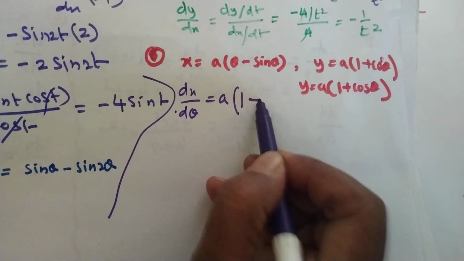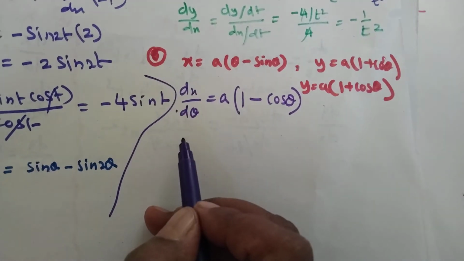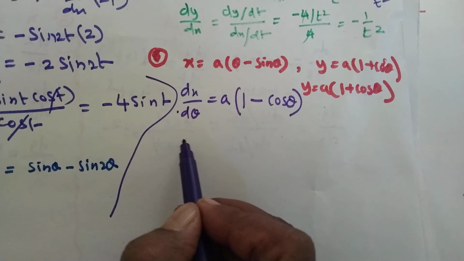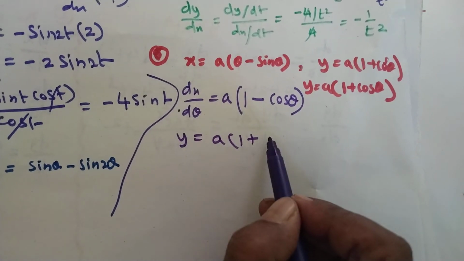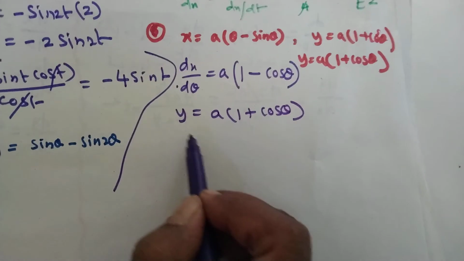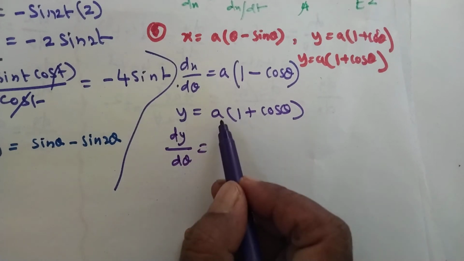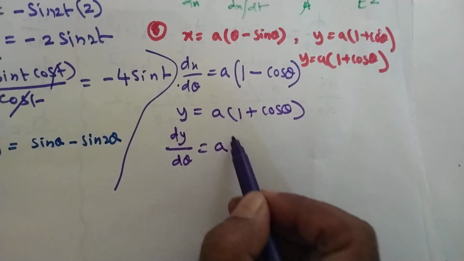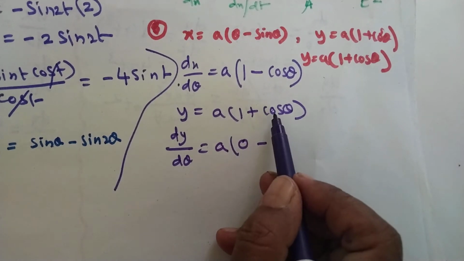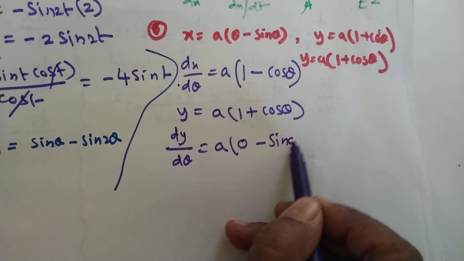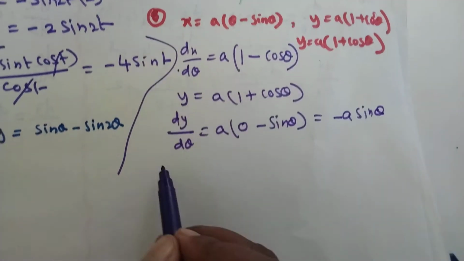Differentiation of theta is 1, minus differentiation of sin theta is cos theta. So this is dx by d theta. Take y equal to a into bracket 1 minus cos theta. This is a very simple example. Differentiate y with respect to theta again. Keep constant a as it is. Differentiation of 1 constant is 0, and differentiation of cos theta is minus sin theta, so this will become a sin theta.